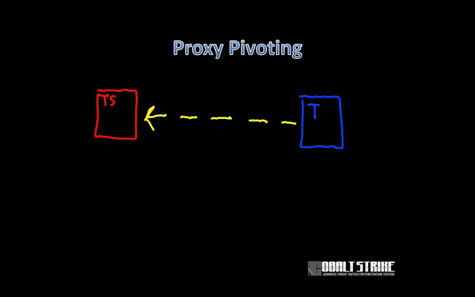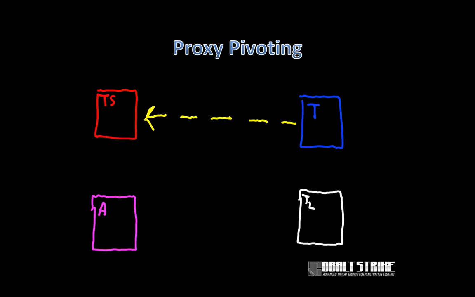It doesn't really matter. And let's say we have an application on our system as the attacker, and we want to use that application to communicate with some sort of service inside of the target network. And I'm going to call this target 2.